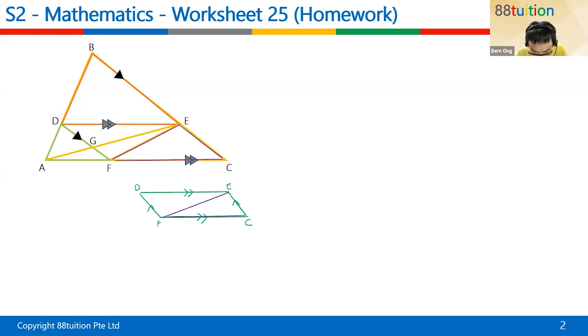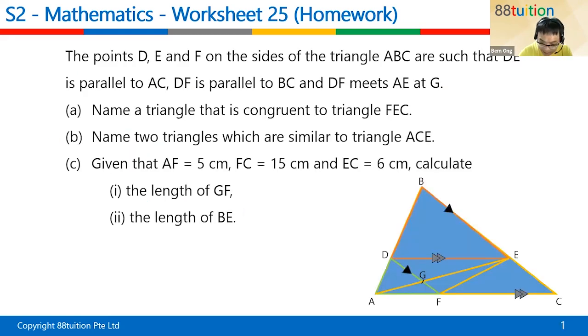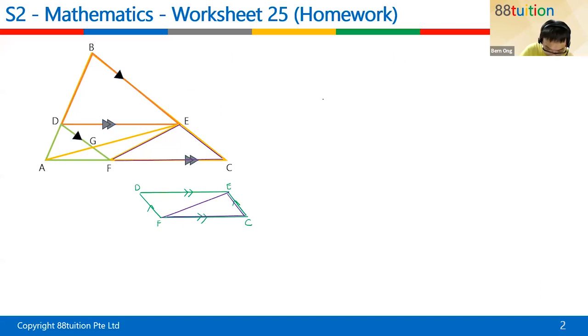So what's the meaning of congruence? Congruence means exactly the same. Remember this word, exactly the same. So who is congruent to FEC? Where is FEC? I did tell you that the flow of the alphabet is very important.